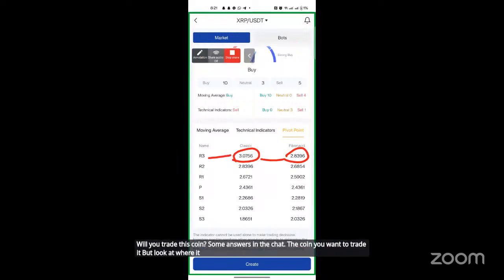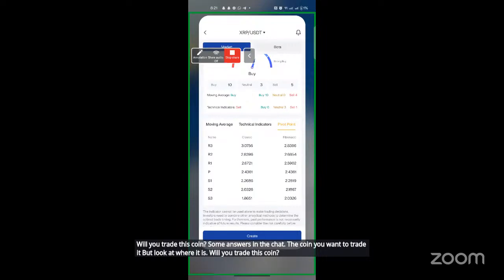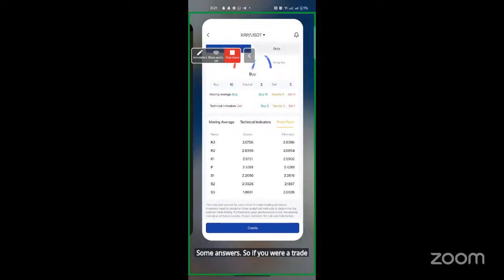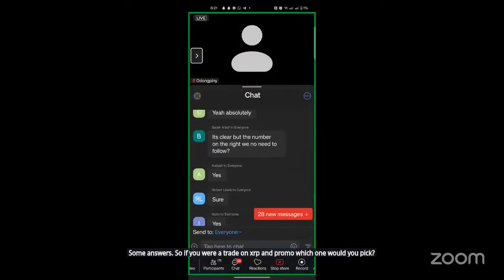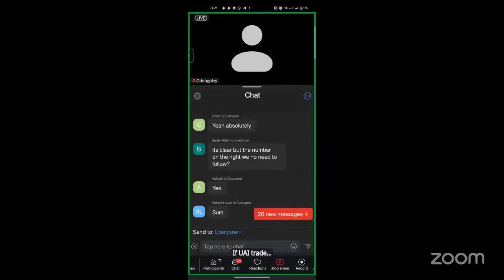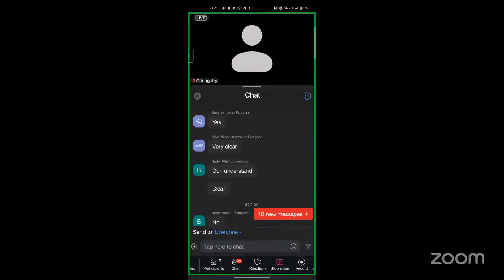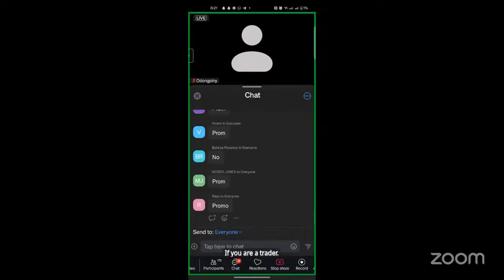If you were a trader on XRP and Promo, which one would you pick? Because I'm simplifying, which one would you trade?